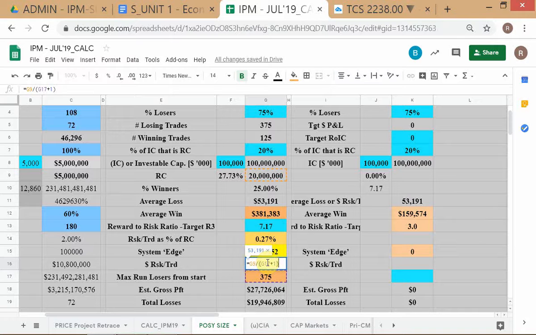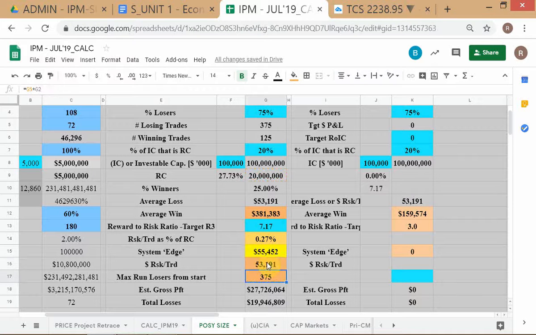What is G17? It is the maximum run of losers in the run of losses, which is equal here in our example to the total number of losers plus 1, because we don't want to blow out all of our risk capital, since then our risk manager will make us stop trading. So we have to have that plus 1, so that we can justify continuing to trade.